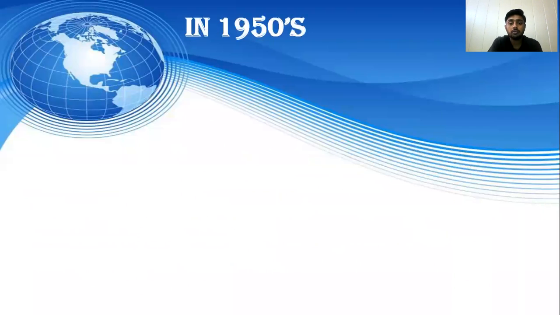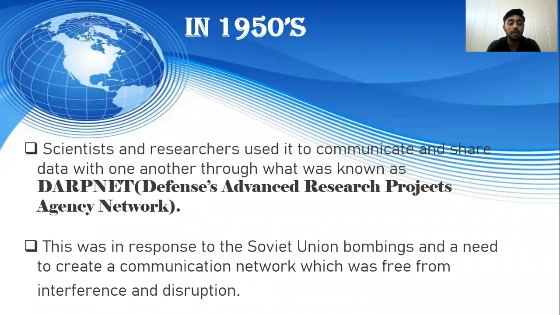In the same decade, researchers and scientists at the institution called DARPANET, the Defense Advanced Research Projects Agency Network, used to communicate with each other through this network, sharing data and communicating in various ways.